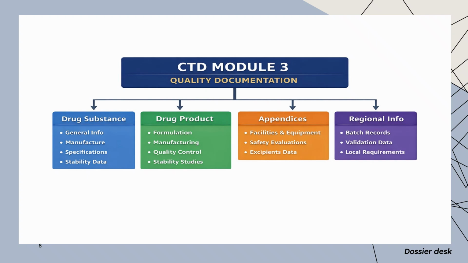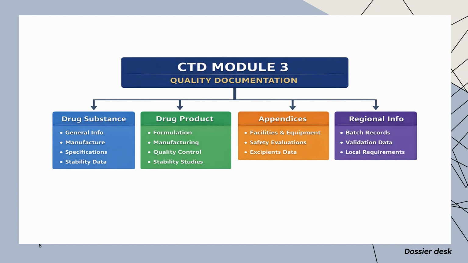This includes general information about the API, manufacturing process flow and flow diagram, characterization and impurity profiling, specifications and analytical validation, stability data supporting retest period. This section demonstrates complete control over the active pharmaceutical ingredient.